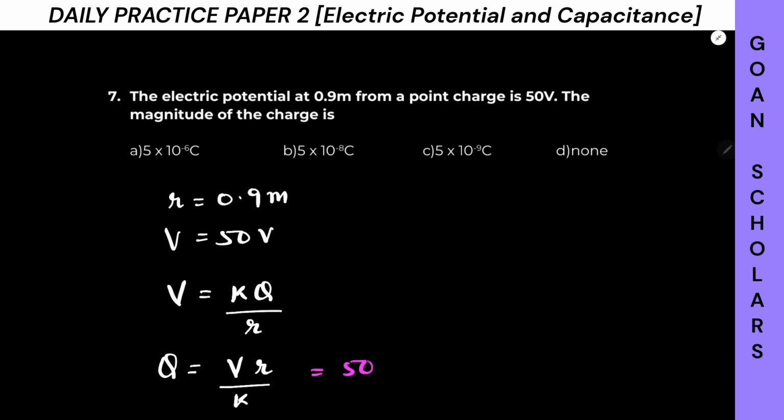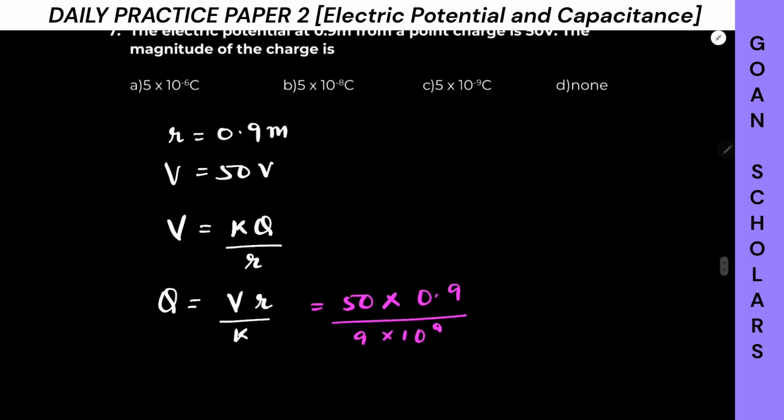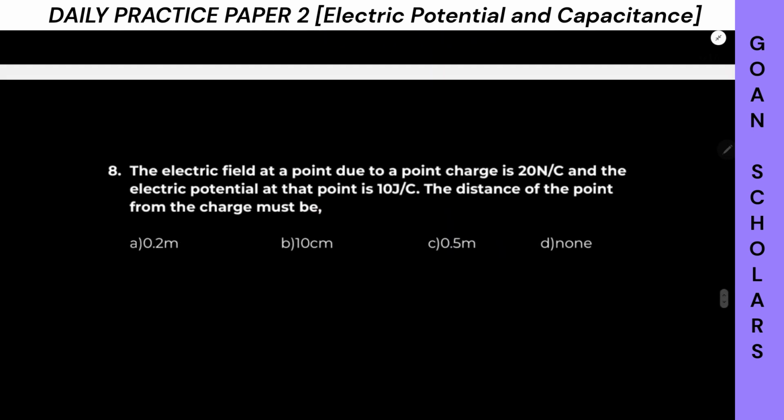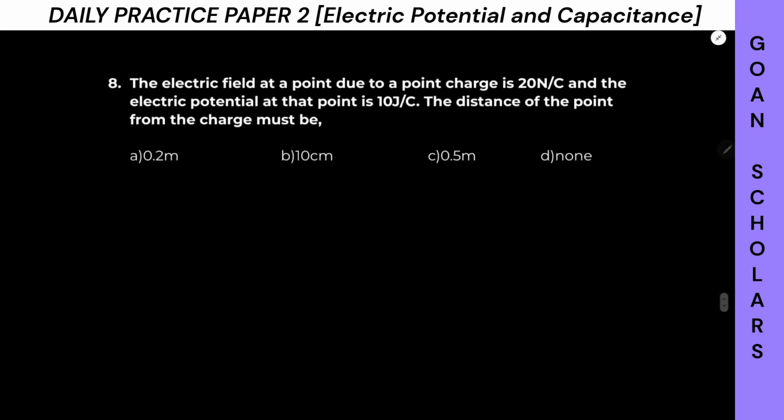What is V given here? 50 into R. R is how much? 0.9 whole divided by 9 into 10 to the power 9. Let's remove this decimal point here. We will get an extra 10, and 9 cancels with 9 and 0 cancels with this. We are left with 5 into 10 to the power minus 9 coulomb. So the correct answer is 5 into 10 raised to minus 9, option C. Let's move to question number 8.